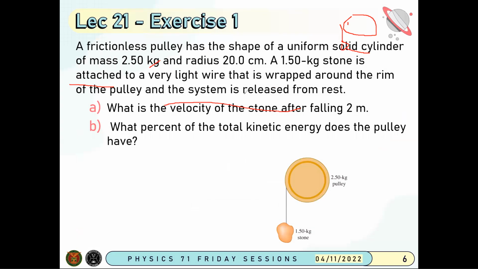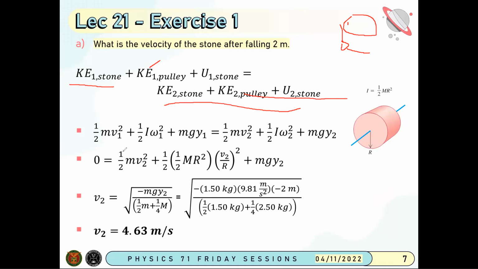Right? Released from rest. So meaning, you have no velocity at the start. So v equals 0. You also have no omega at the start, because the cylinder is not yet rotating. So there's no rotation since it starts from rest. So omega is 0. So these terms will cancel out.